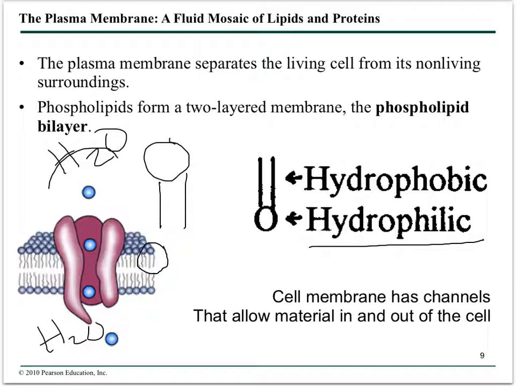Our bodies are mostly water. The majority of our body is water. And in order for our cells to be able to function, if they were made of water, we wouldn't have a membrane that would stay together.